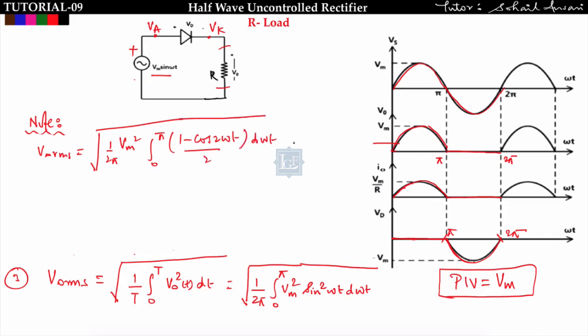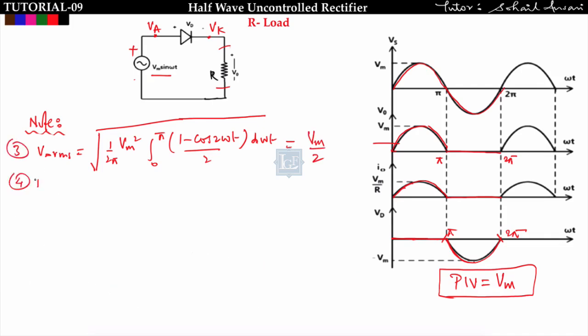Solve this integration, and you will get output RMS voltage equal to Vm by 2. This is the third point. The fourth point is I naught RMS. Since it is a voltage step-up type of load, the waveforms of I naught and V naught are similar. So I naught RMS is equal to V naught RMS upon R.